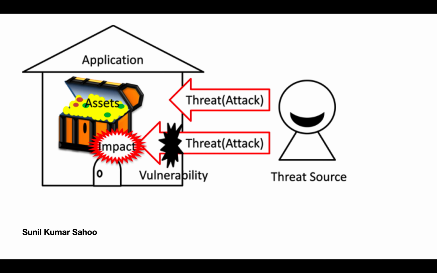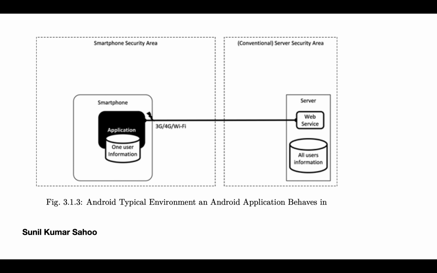So what is a threat source? Threat source is the source of a threat or attack. It can be from outside of your mobile. Also it can be inside your mobile. Let's take an example of a typical application.